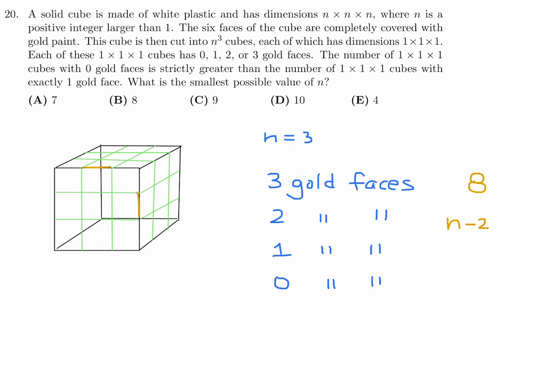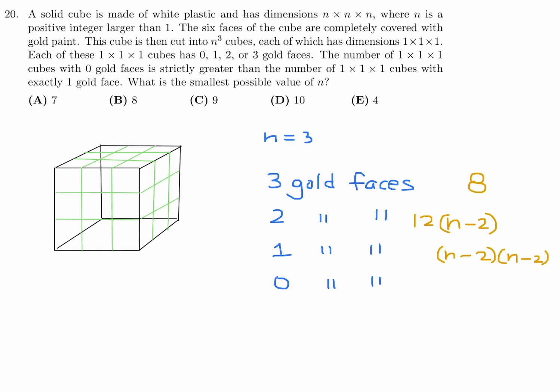So 1, 2, 3, 4, 5, 6, 7, 8, 9, 10, 11, 12. Every cube has 12 edges. So it's 12 times n minus 2. Then 1 gold face is basically, as you can see, in the middle. You get that by n minus 2 again. Multiply that by n minus 2.